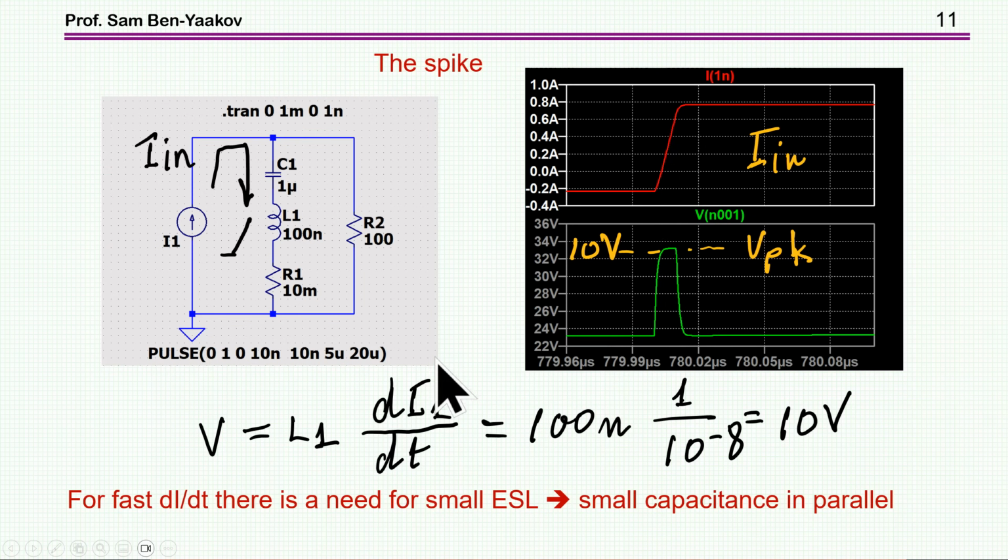And for our case, 100 nanohenry and 10 nanosecond rise time, we get 10 volt, and this is just about what we are getting here. So these spikes are due to large inductance and fast dI/dt. We can already understand that these two are really very harmful, and one should avoid them as much as possible. You need small inductances, and then you need low dI/dt if you can.